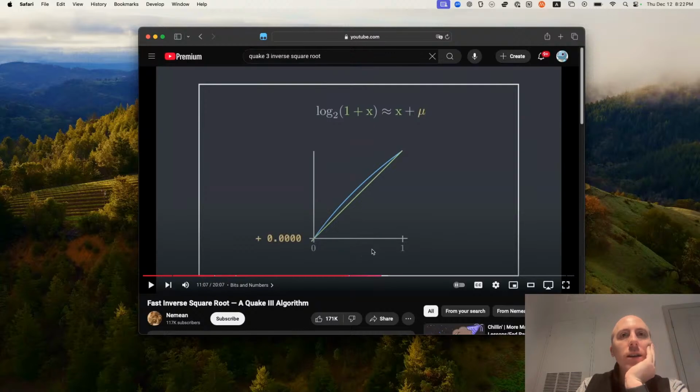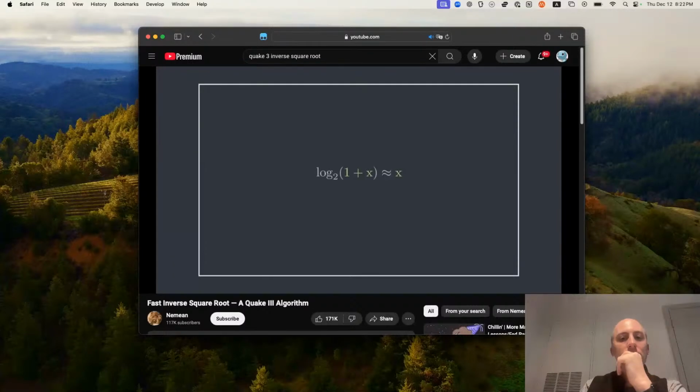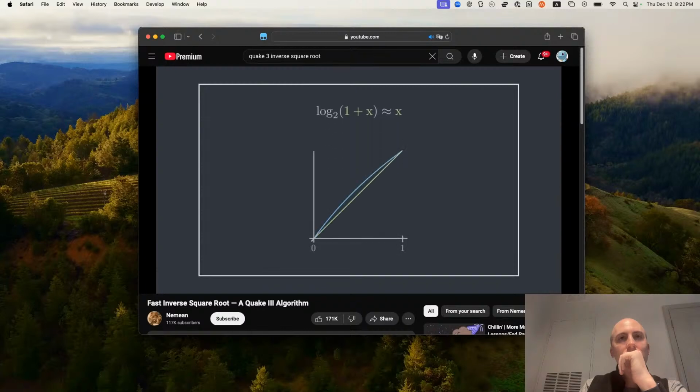So yeah, the last time there was this part. For small values of x, log is an approximation to log of 1 plus x. For small values of x, log of 1 plus x is approximately equal to x. If you think about it, this approximation is actually correct for x equals 0 and x equals 1.